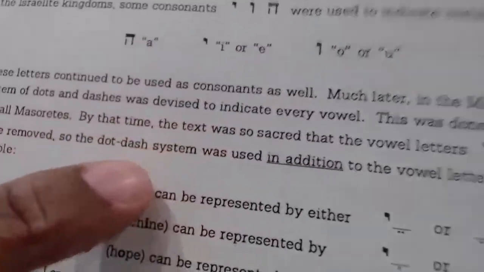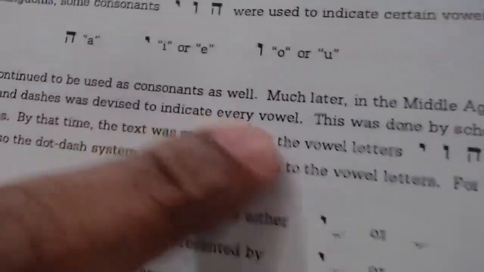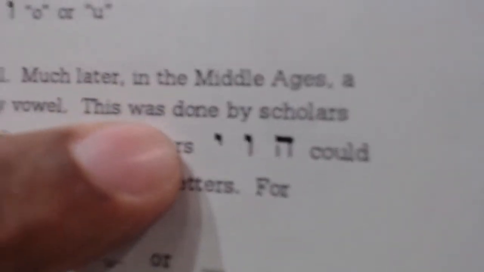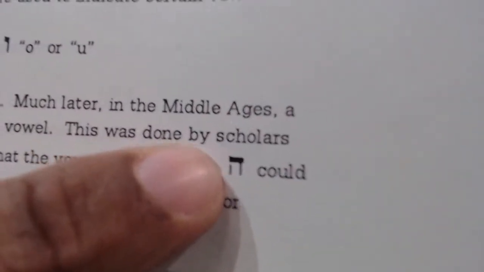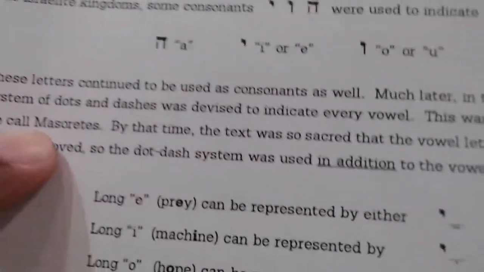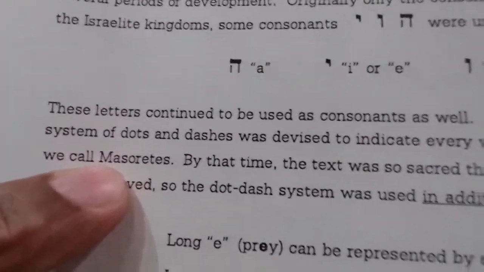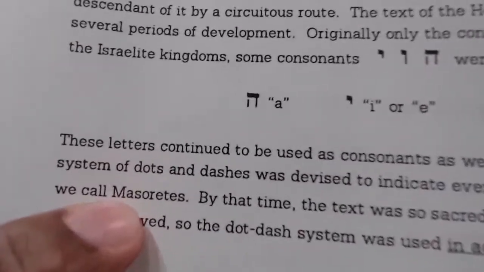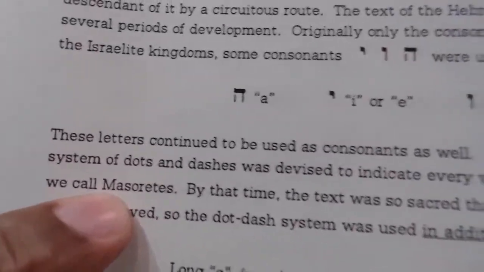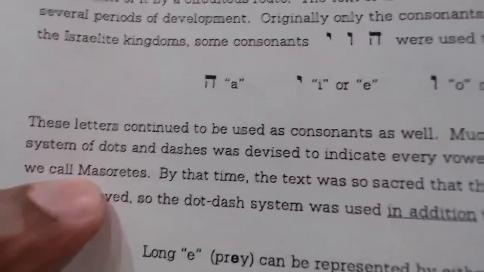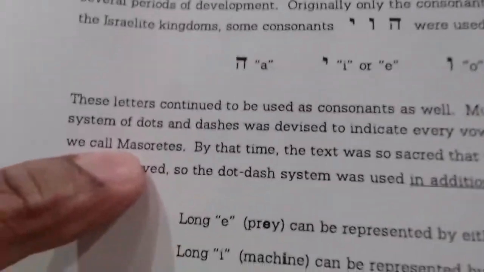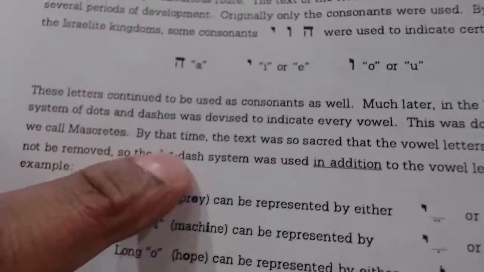This was done by Jewish scholars that we call Masoretes. That's what everybody's scared about. People say the Masoretes changed the Bible, that the translation of the Bible from Hebrew was corrupted. They blame the Masoretes.